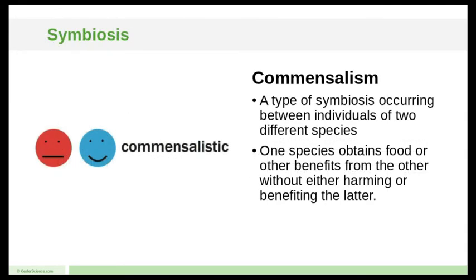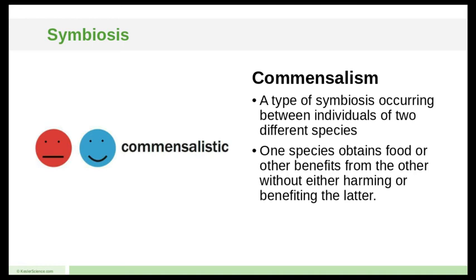So let's look at commensalism. As I noted in the previous slide, it is a type of symbiosis, which is a biological interaction between two different species over a long period of time.